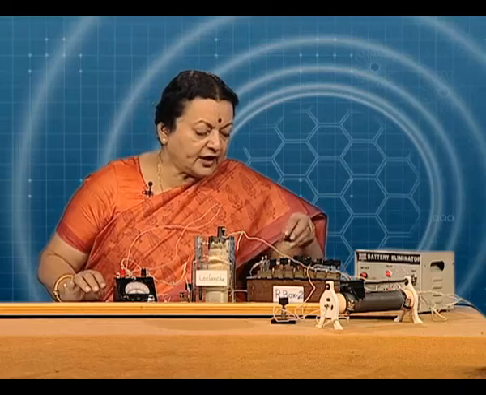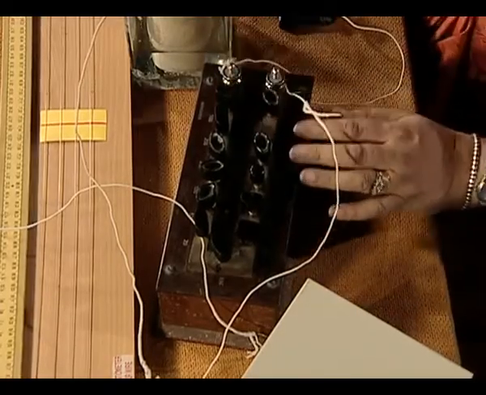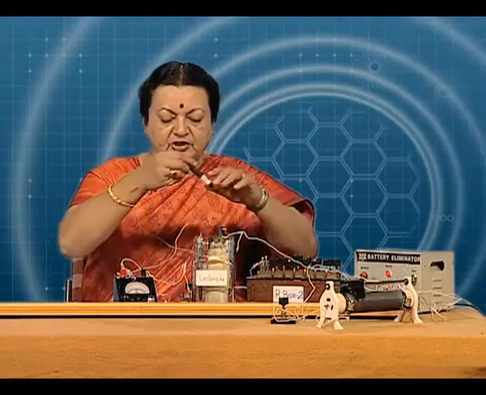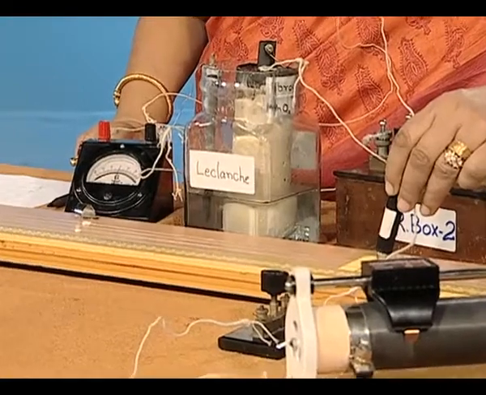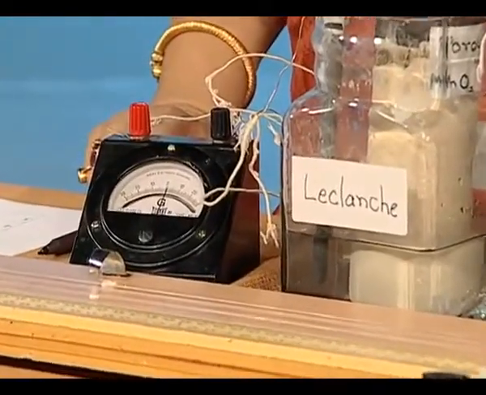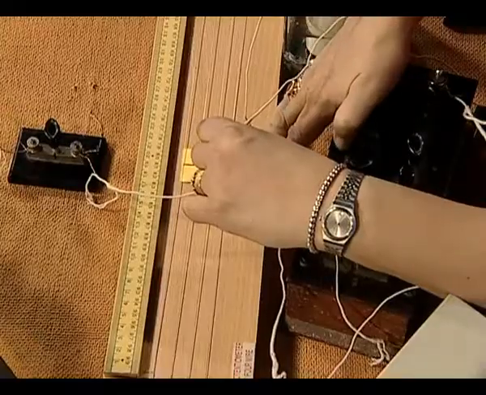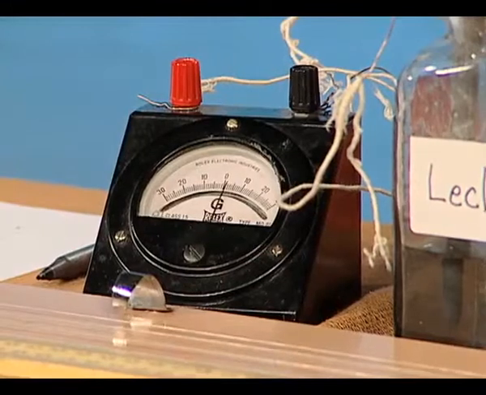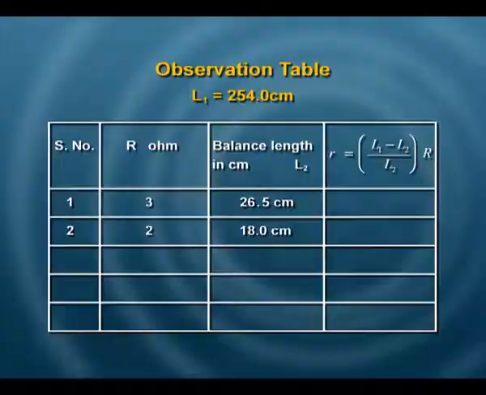I can make that value 2 ohms and check out the balance position again. Somewhere here is my null point. Make note of the length again on the first wire, and this length is only 18 centimeters.